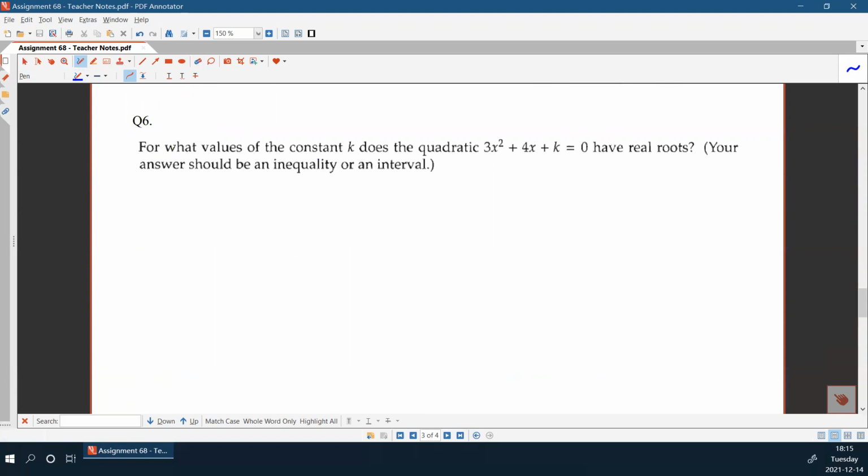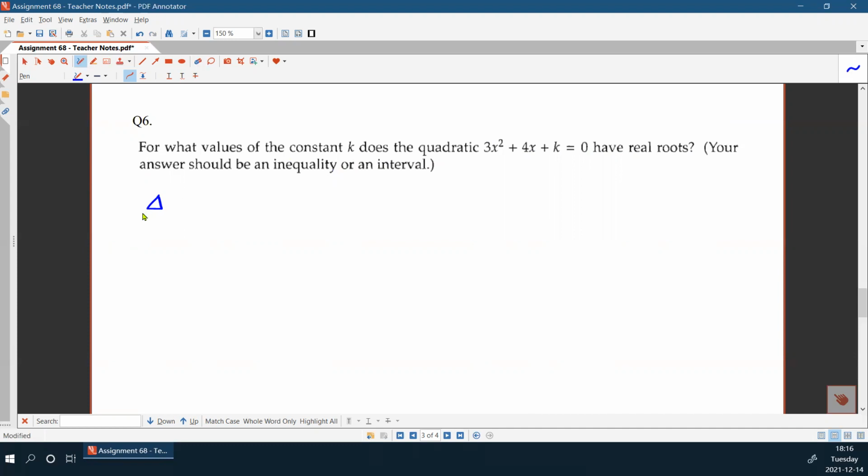Okay, question 6. For what values of constant k does the quadratic equation 3x squared plus 4x plus k have real roots? So in what situation does this quadratic equation have real roots? We need to calculate the determinant, right?